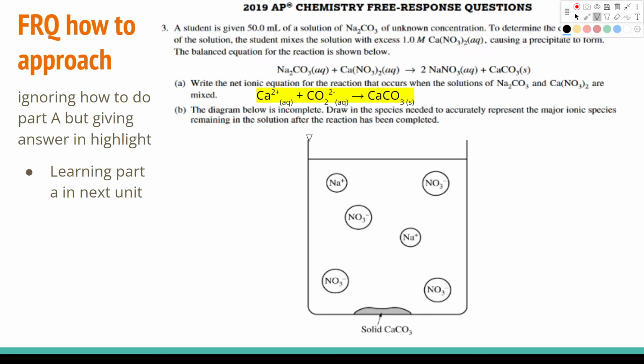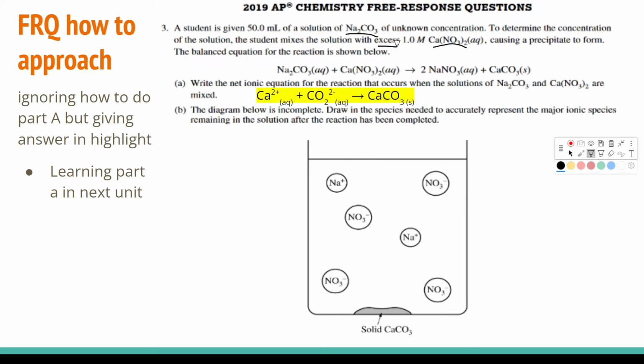And so if we go back to the original problem, I will move this so we can see. You can see that we are adding Na2CO3, okay? And so that means we have excess CaNO3 too. Okay? So we can see that in this we have a bunch of NO3 sticking around, but we have solid CaCO3 on the bottom.